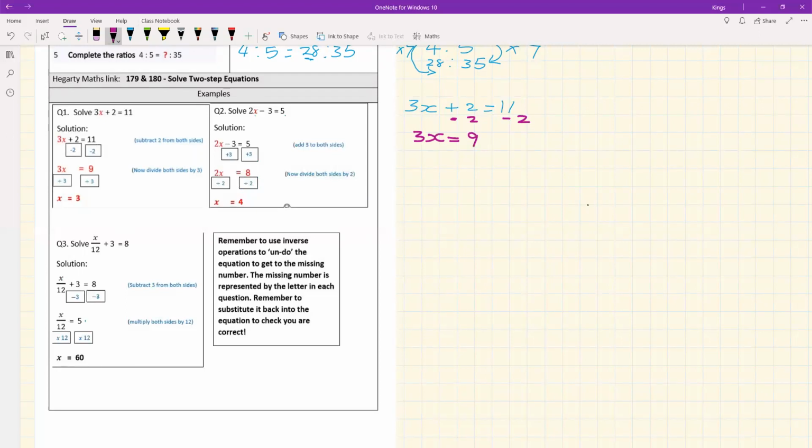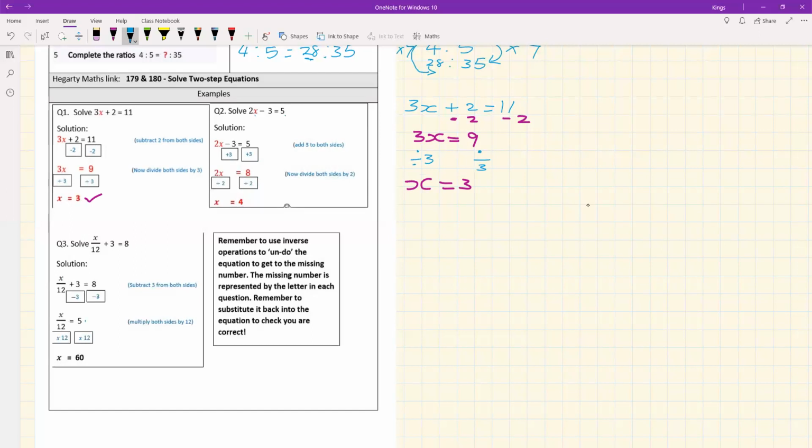And now we divide by 3 to get rid of 3 on this side. 3x divided by 3 is x, equals 9 divided by 3 is 3. So x is 3. And then you need to go back and substitute into the equation just to see if what you've done is correct. So 3 times 3 is 9, add 2 equals 11. So x is 3 in this instance.